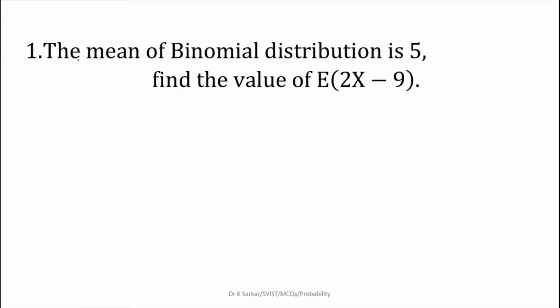First question. The mean of a binomial distribution is 5. Find the value of expectation of 2x minus 9. Expectation of 2x minus 9 is expectation of 2x minus expectation of 9.